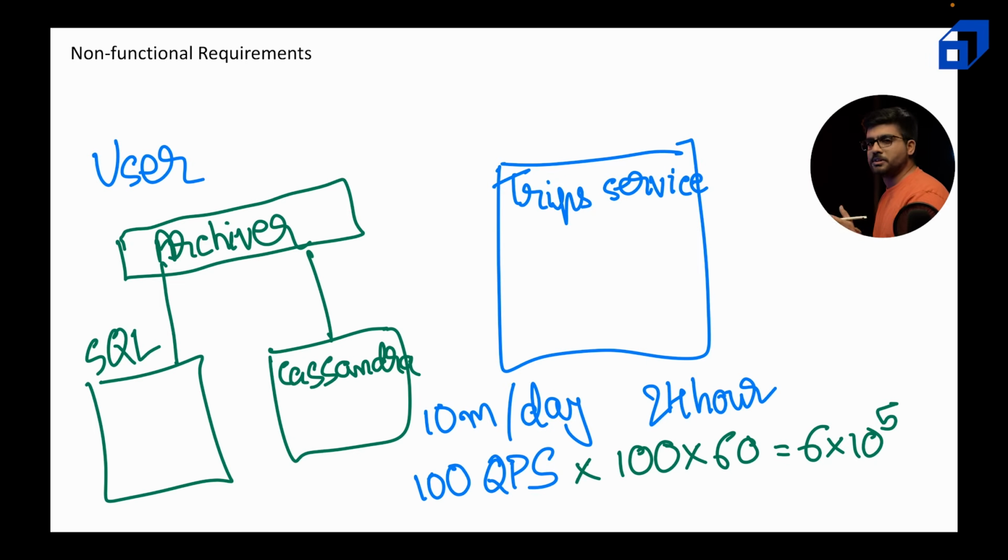So the trip service will have the location data, the start location, end location, start time, end time, and all the information which is necessary for a particular trip. We will also have a trip status: accepted, started and ended. These three can be the trip statuses. Whenever the trip ends, it will send a ping to the payment service saying that this trip ID has ended. Based on the location data, calculate the kilometers traveled.